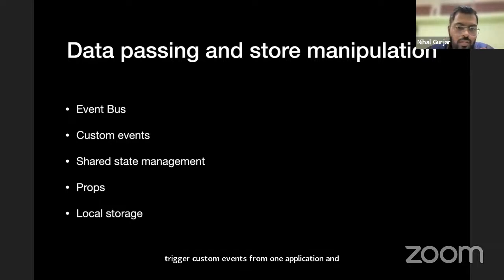Talking about shared state management, you might be working with Redux and similar tools. These are basically stores. So what happens with the store in the case of micro frontends? All the micro frontends can have different stores, or they can have a single store in a container.